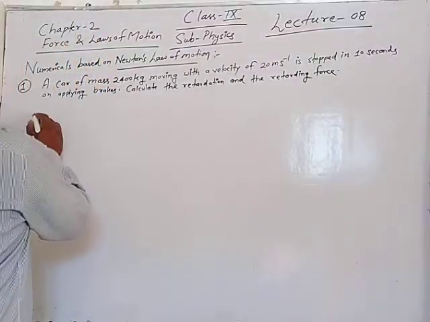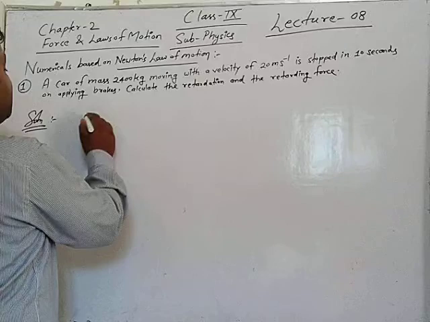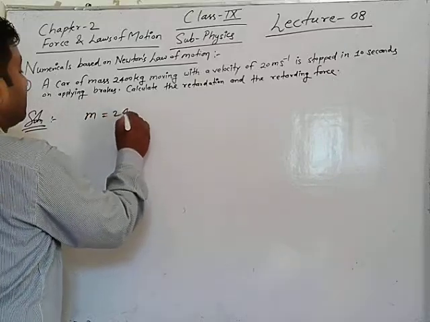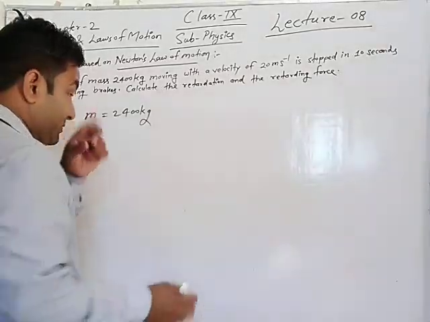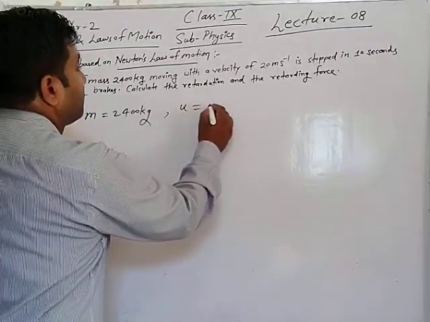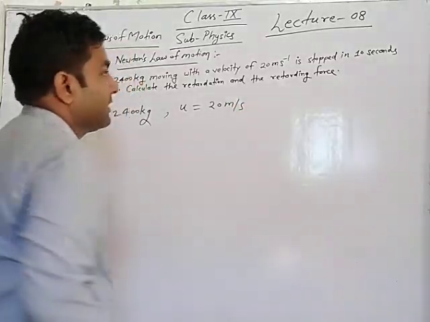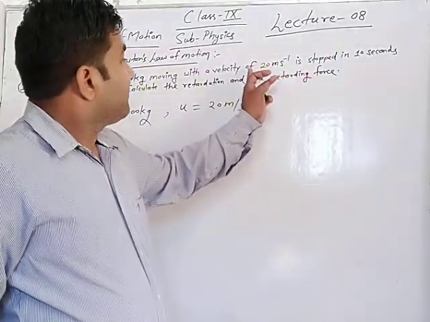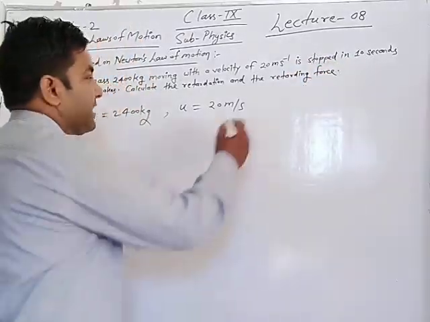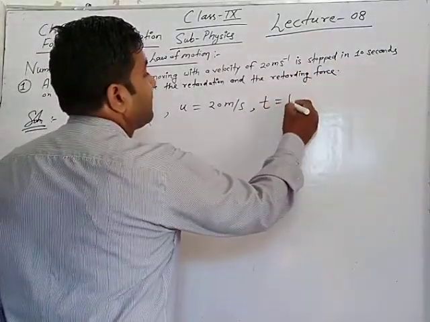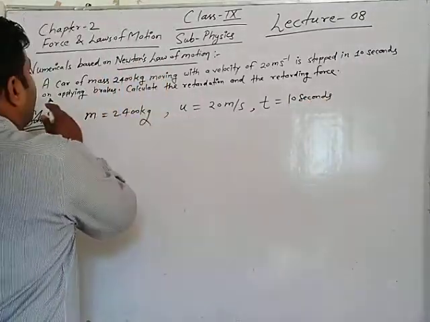Here mass is given, that is 2400 kilogram, and initial velocity u is equal to 20 meter per second, and is stopped in 10 seconds. It means time is also given, t is equal to 10 seconds, on applying brakes.